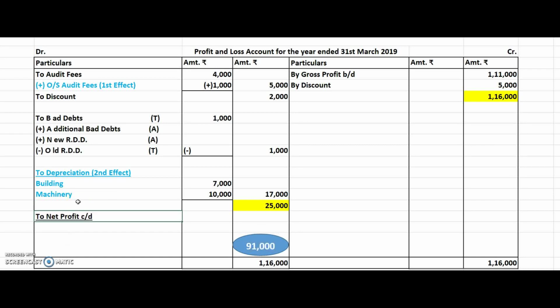Very important, this business in this sum has two partners, Dayaram and Kashmira. So 91,000 has to be split between both the partners in their profit sharing ratio, which was shown to you at the beginning of the sum as 1:1, which means half and half.